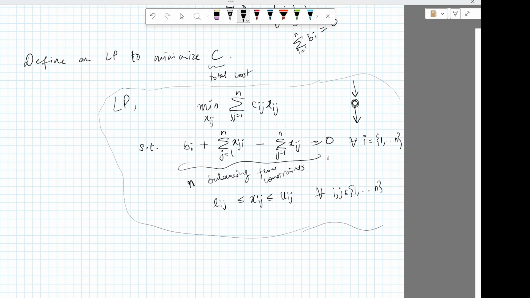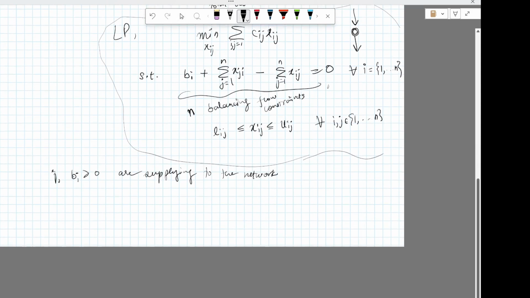Okay, so nodes i with bi greater than or equal to 0, or basically bi greater than 0, are supplying flow through the network, and the ones with bi less than 0 are flowing out of the network.